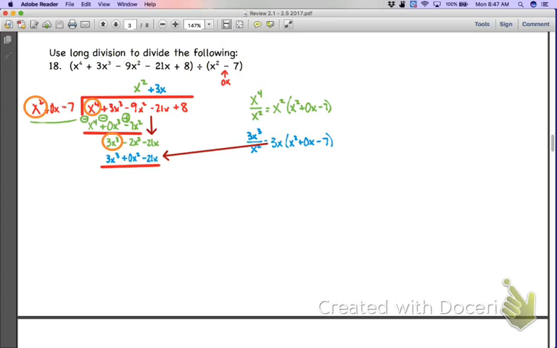Subtract, so change the sign, and change the sign. So x to the thirds go away. Negative 2 minus 0, negative 2x squared. 21 and 21, that's going to be 0. That's okay. So plus 0x. And then lastly, bring down the 8.